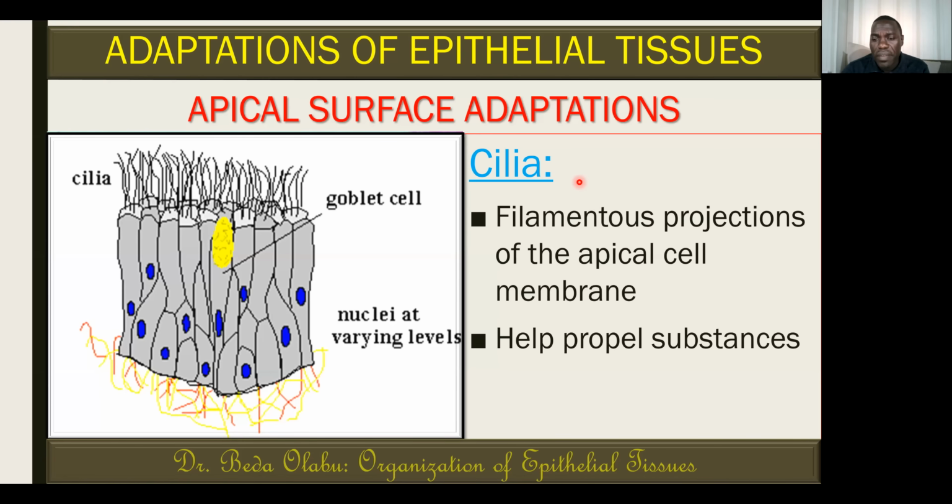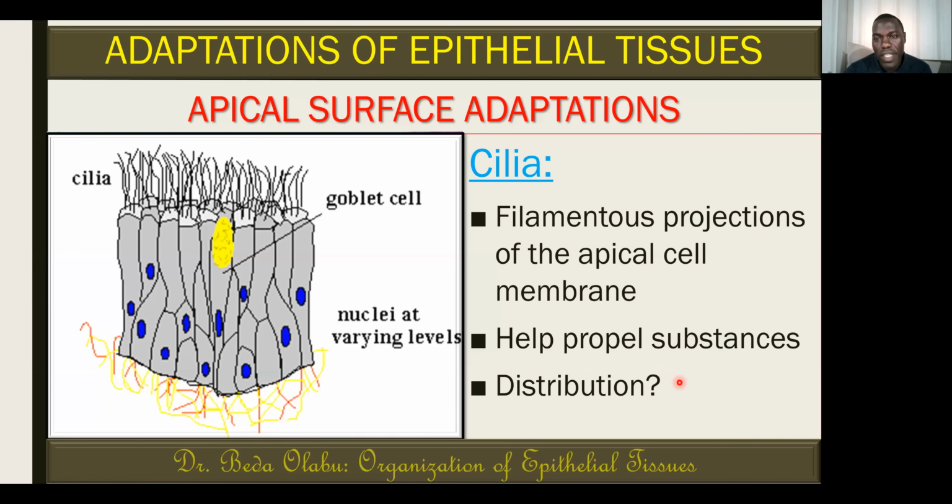We find cilia in regions where we need substances to be propelled, and this is particularly unique in the airways as well as in the fallopian tube. I therefore want you to think through what happens if a patient has a disorder in motility of cilia.